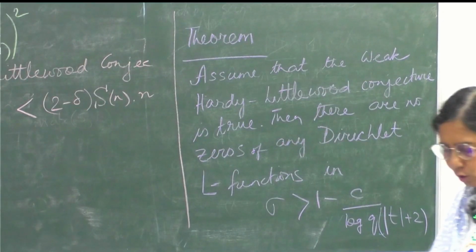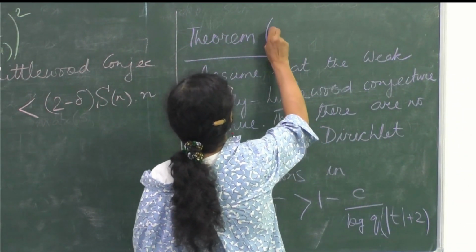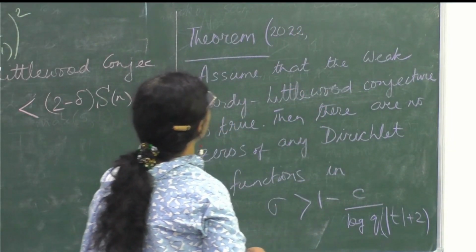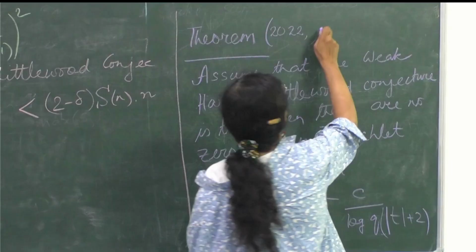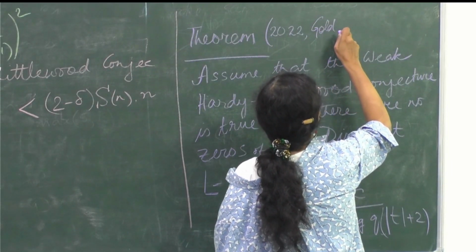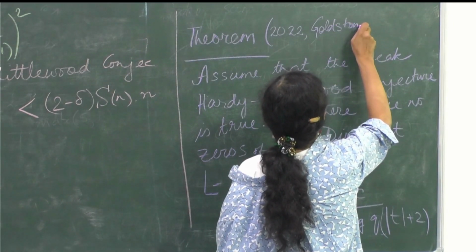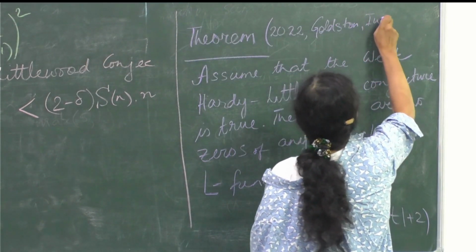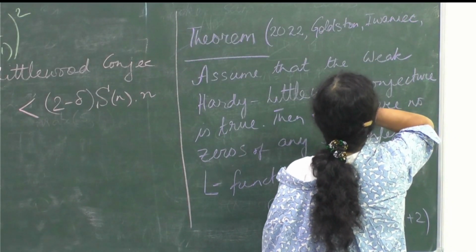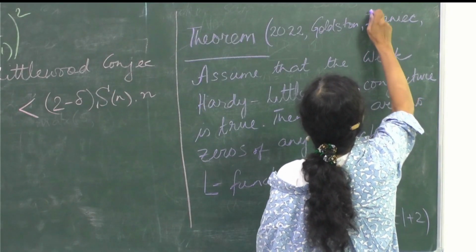All right? So this is a theorem of 2022. And it was proven by Goldstone. Wait, let me get the order correct, in alphabetical order. Goldstone, Ivanich, no, Friedlander first.